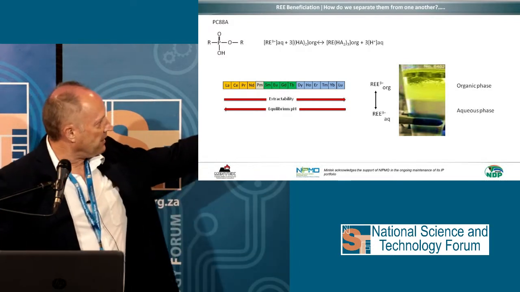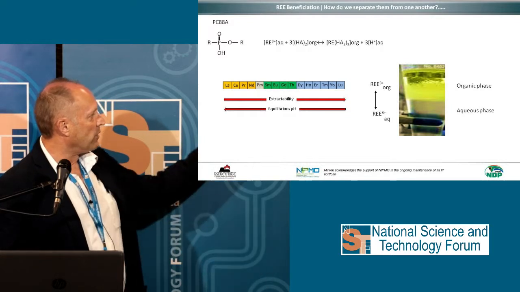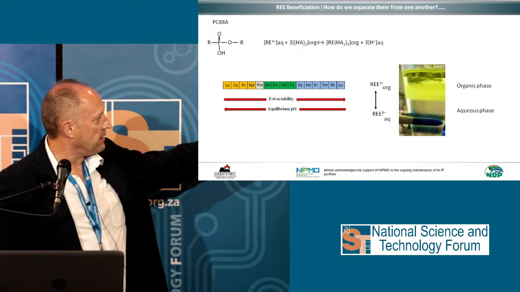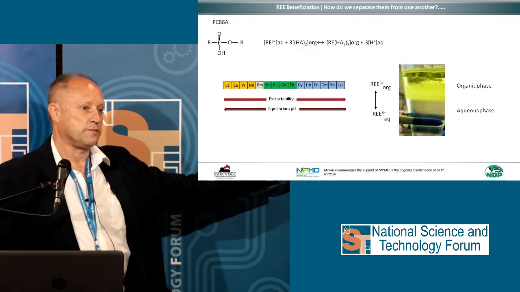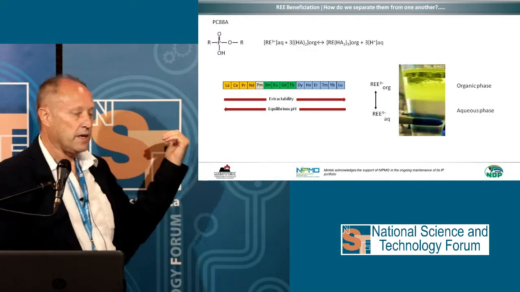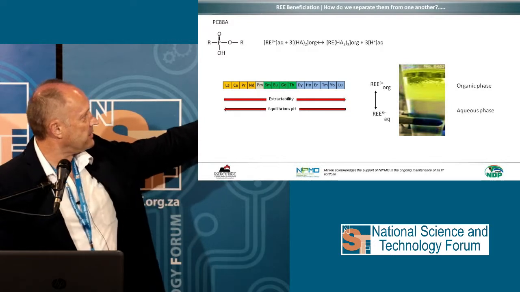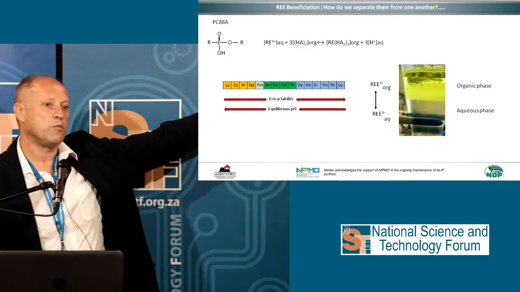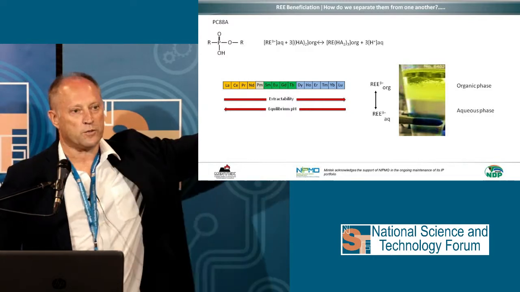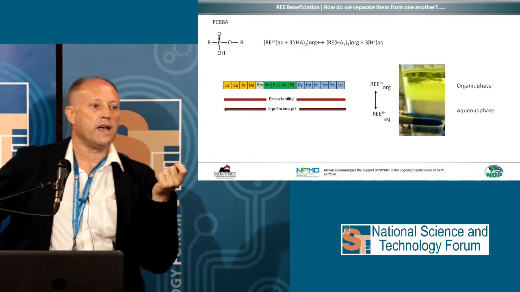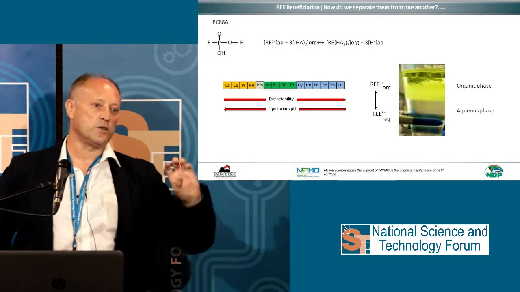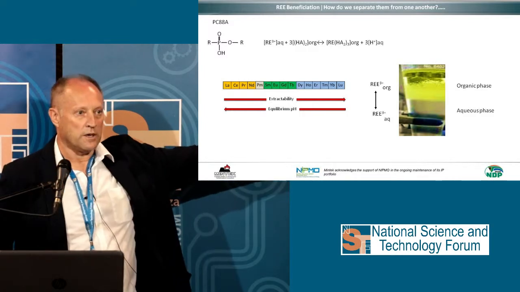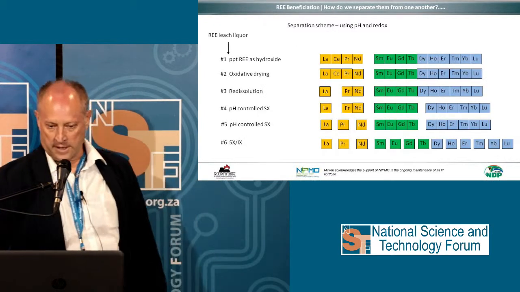As you see, the rare earths as they go along the series, the extractability increases, and the equilibrium pH goes the other way. So that H, that proton there on the extractant, becomes more and more acidic as you move that way. So you basically have a knob that you can turn to separate them, and that is the pH, when you want to separate them from each other.